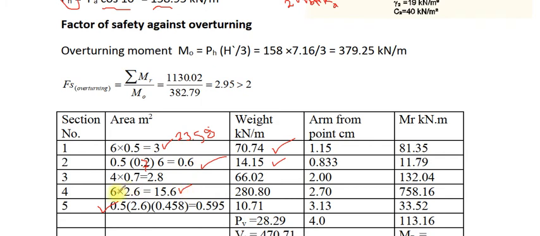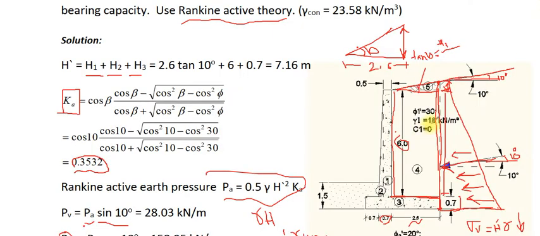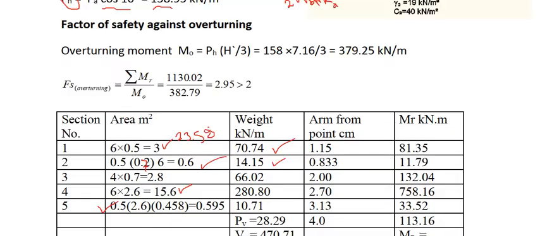Section 4 is soil. The type of the material is soil, so we have to multiply 15.6 by the unit weight of the soil. Unit weight of the soil, as given here, is 18 kilonewton per cubic meter. Therefore the weight equals 280 kilonewton per meter perpendicular to the paper.